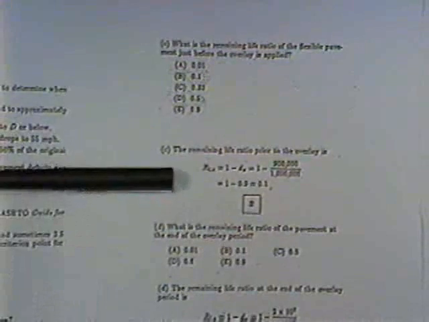This remaining life ratio is 1 minus this ratio, and that's the number of repetitions before the overlay to the number of repetitions that the pavement is designed to carry. 900 over 1 million comes out to be 0.9, so 1 minus 0.9, or 0.1, is the remaining life ratio. And you can go on through the list of questions. I'm not going to go through all of them, but these are the types of questions you might be asked.